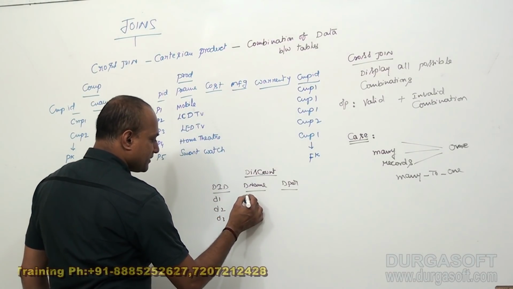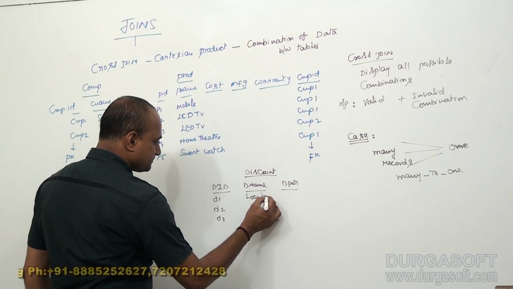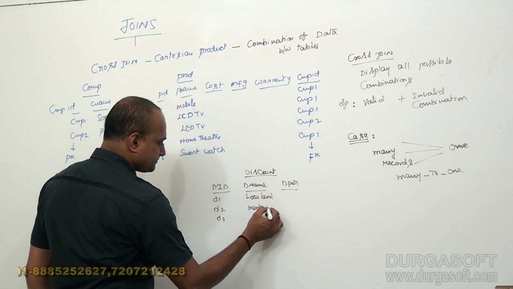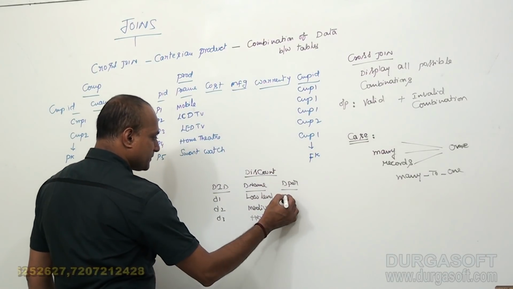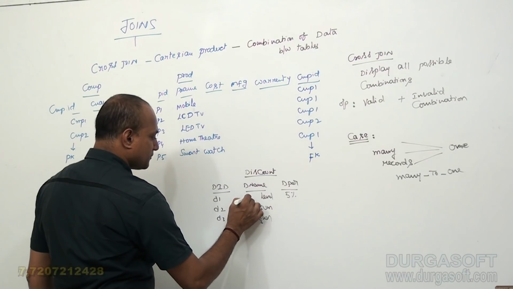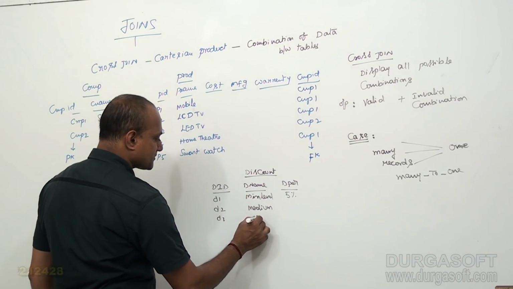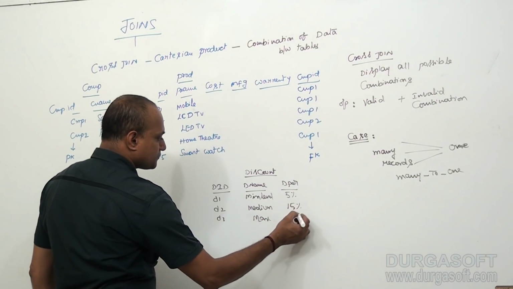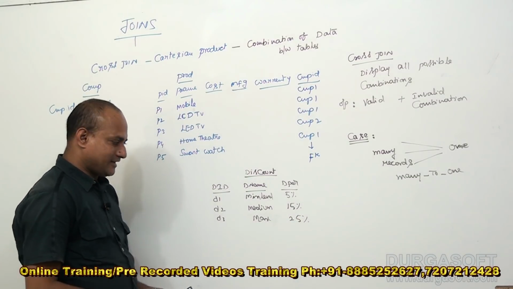Discount name: this is low level discount, medium level discount and higher level discount. Discount percentage: minimum 5% or minimum level discount, and higher level discount is maximum discount, 15% discount, 25% discount. Let me apply like this.